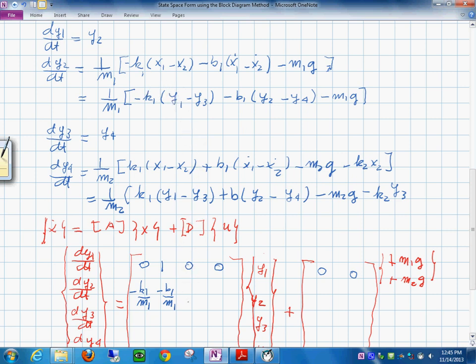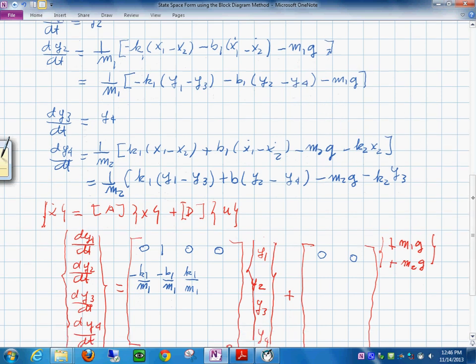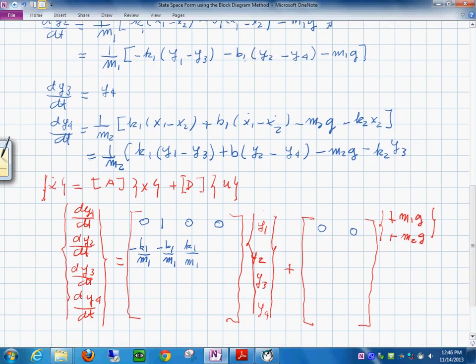This would be plus k sub 1 over m sub 1, because minus minus plus, and then for y sub 4 it is plus b1 over m1.